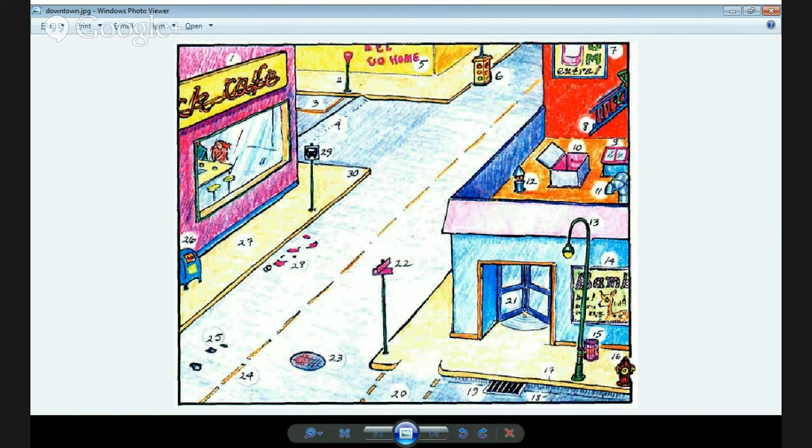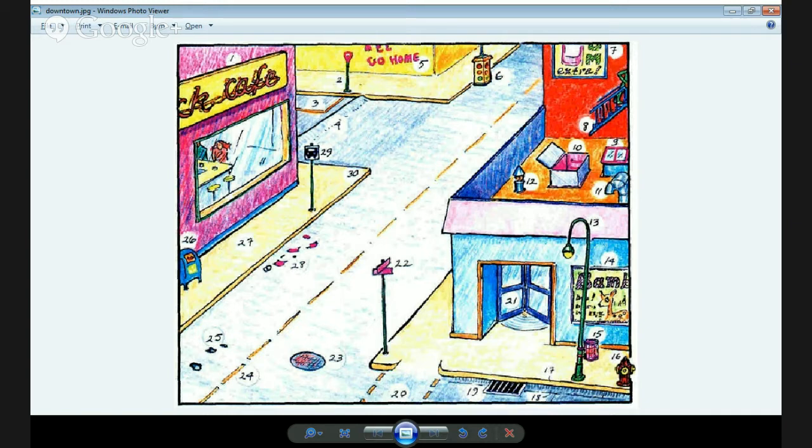So the word for that in English is litter. Number 28 is supposed to be litter. Litter means personal pollution, not pollution from a factory. When they don't care, they don't use a trash can. They just throw whatever, garbage, food, cigarettes, whatever. That's called litter.